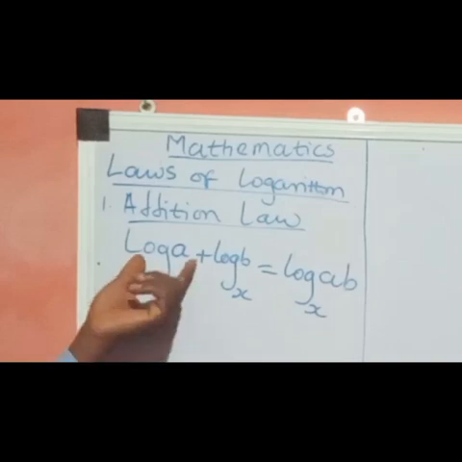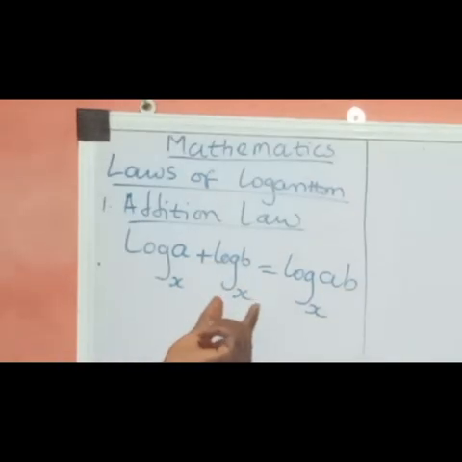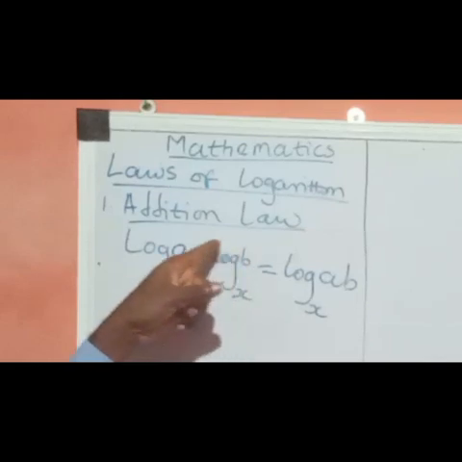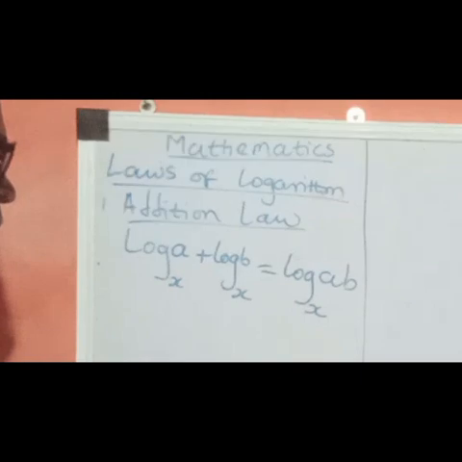That is, the log of a number to base x added to the log of another number to the same base can be gotten by just multiplying the numbers and putting them under one logarithm. That is the first law we call the addition law.